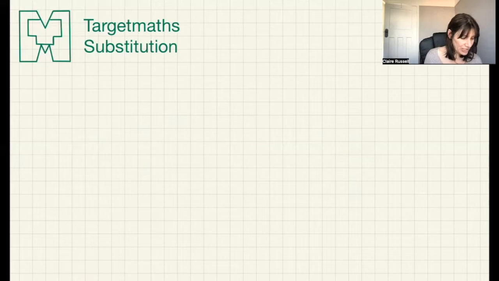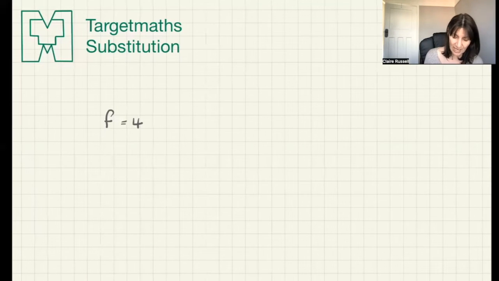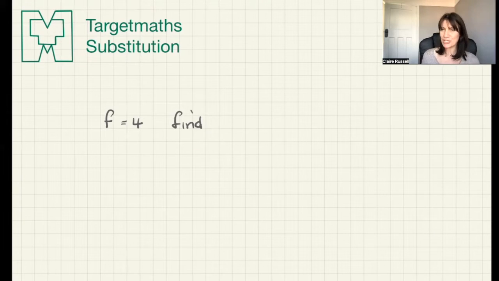So I am going to tell you that f is equal to 4. With expressions, lots of different letters are used. So we're going to do the same so that we're not just constantly seeing a or x, which are my go-tos, aren't they? So if f is equal to 4 and I'm being asked to find or work out or evaluate, there's lots of language that could be used.